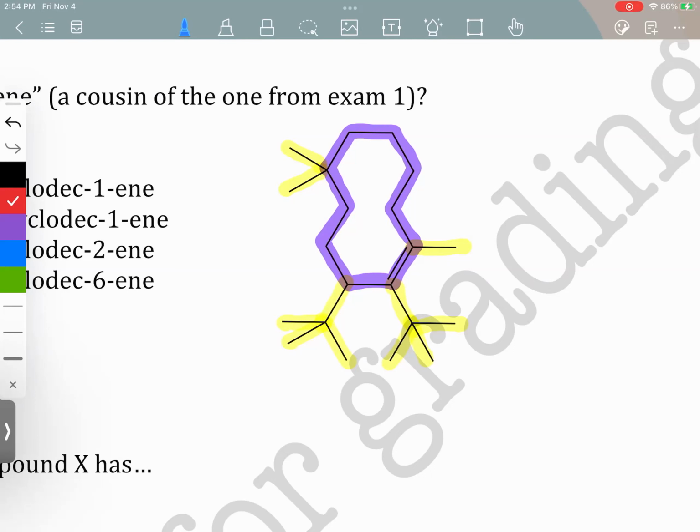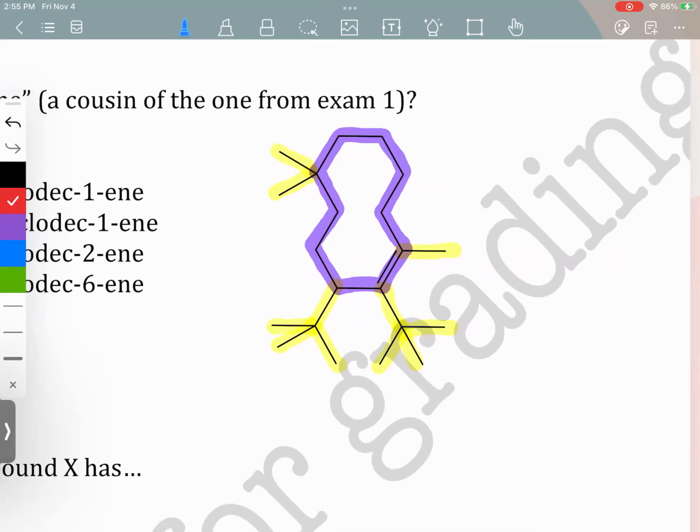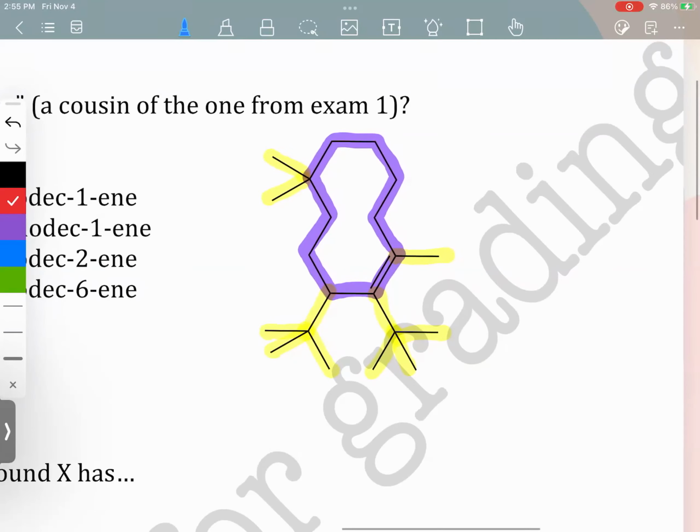Start from the longest substituent. So we number the chain. So where would we start numbering from? What would be carbon number 1? The leg on the left. Right. So we do see a double bond in the structure, right? There's a double bond right here.